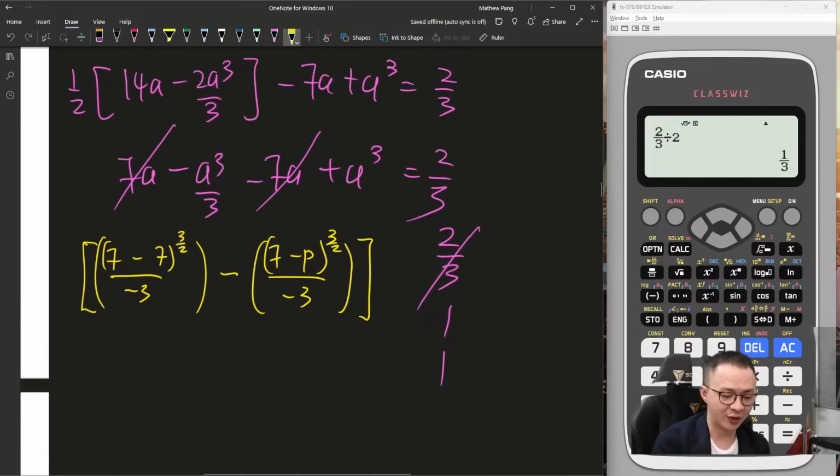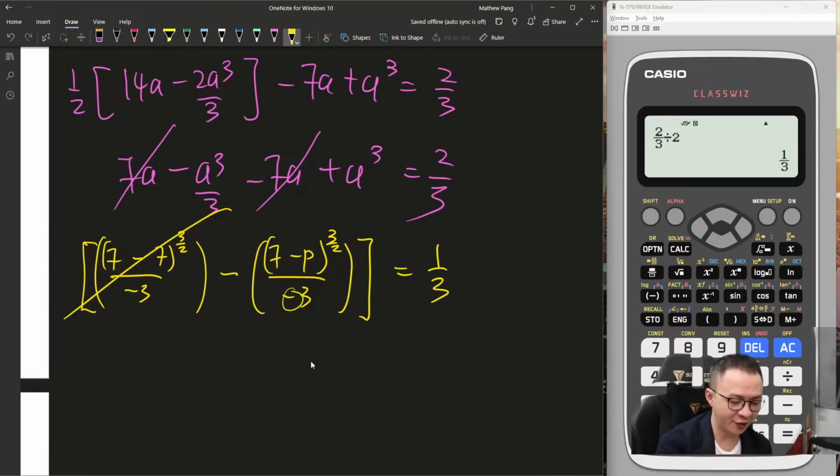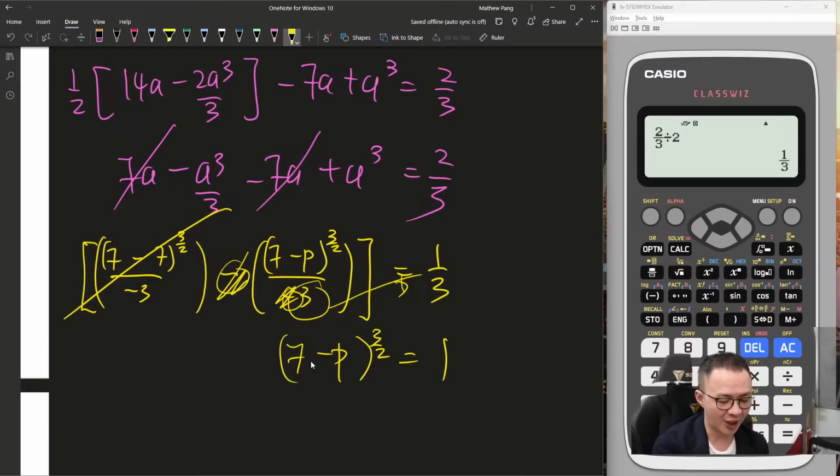Then equals 1 over 3. So we need to solve this equation. This is 0, so we can just ignore this one. Negative and negative will give me positive. Then this 3 I multiply on the other side. So it gives me 7 minus p to the power 3 over 2 equals 1, isn't it?